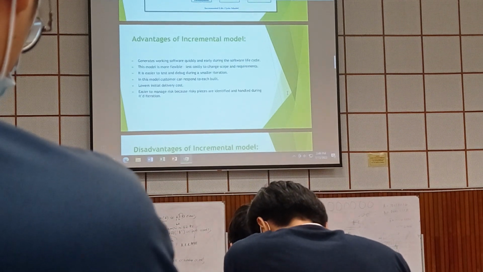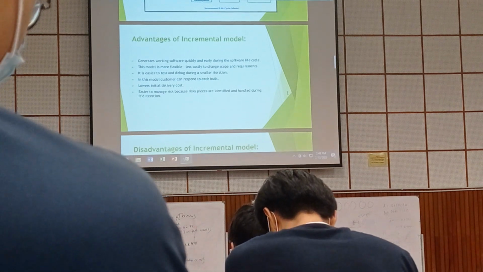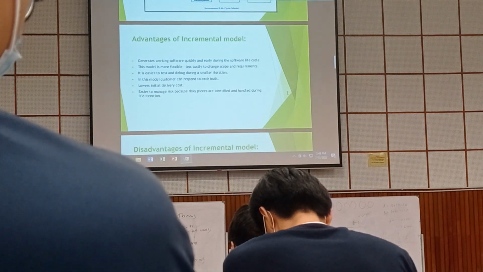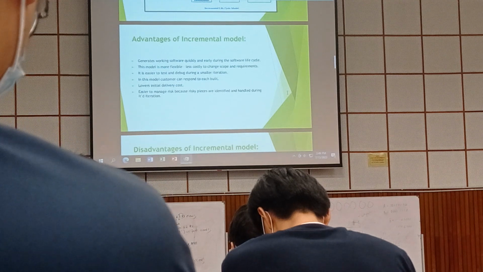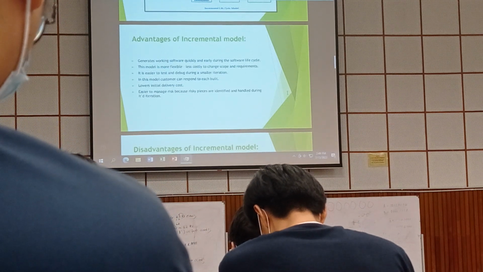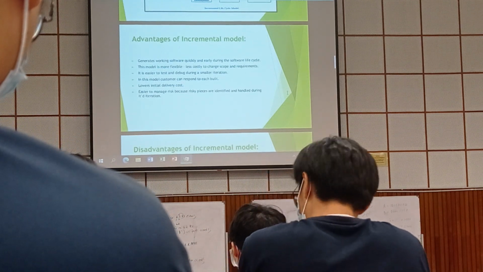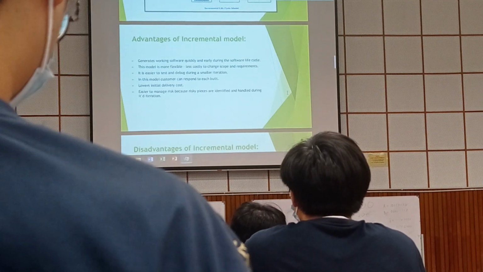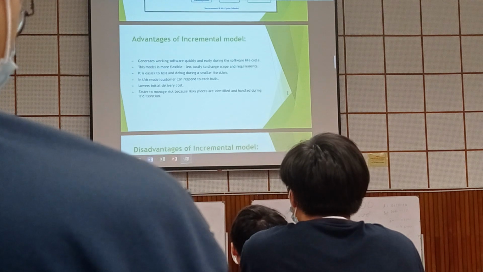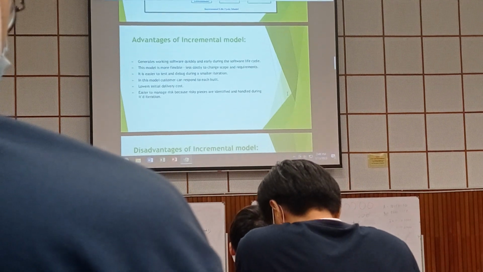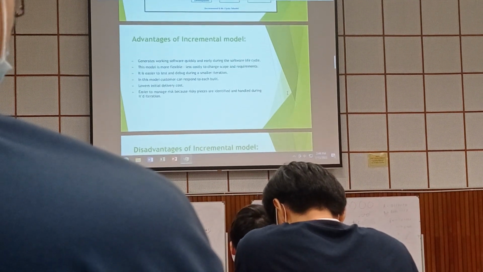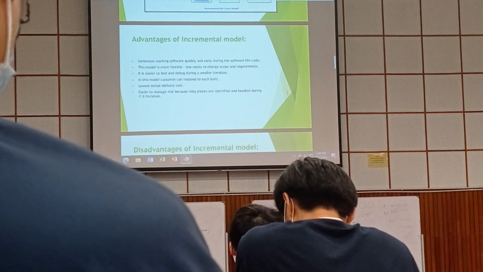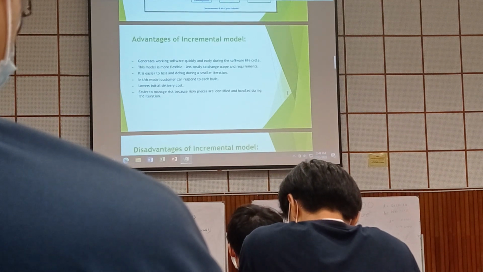Rather than developing the entire system and then finding the bugs. You are developing a small portion, so it's easy for you to find the bugs, right? Yes or no? So that is the thing. And there is lower initial delivery cost and it is easier to manage risk because risky pieces are identified and handled during the iteration, which is the best thing.